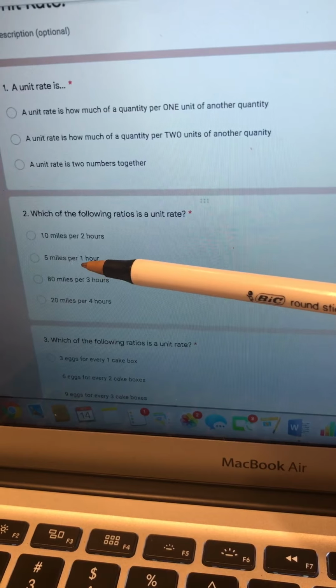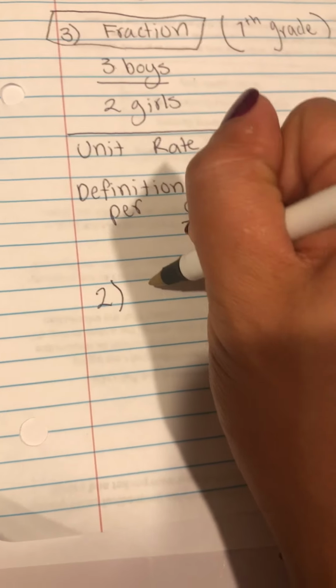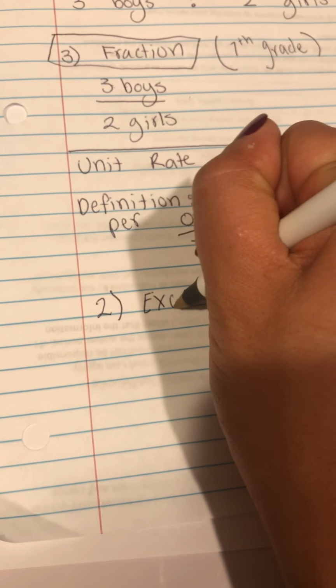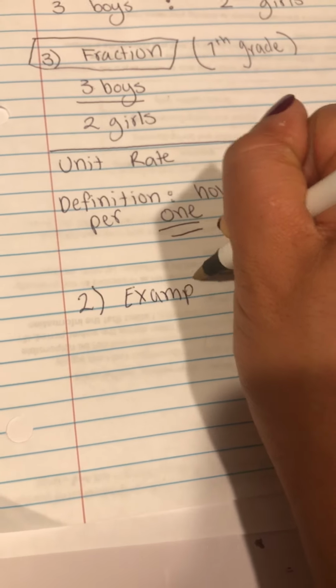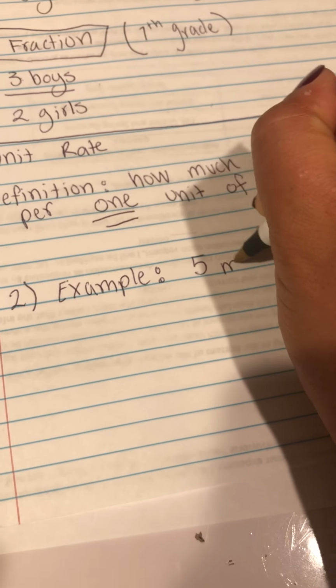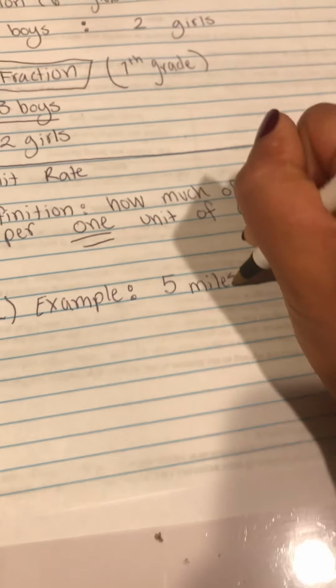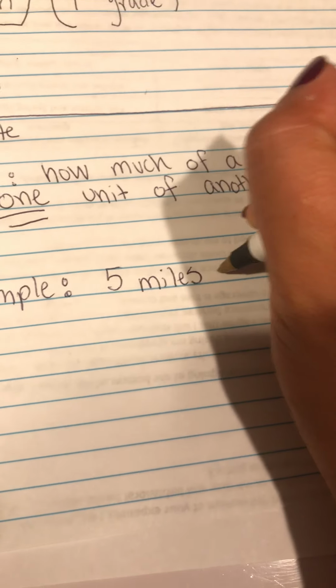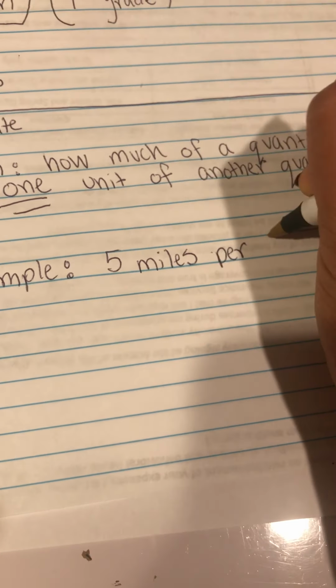So we're looking at per 1 hour. So here in my notebook, I'm going to write here, example of a unit rate would be 5 miles per 1 hour.